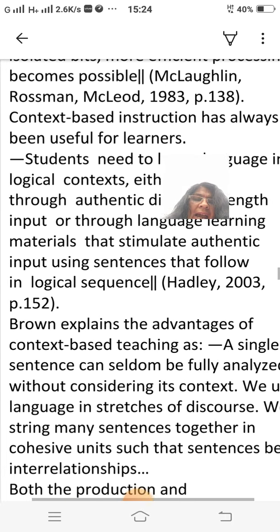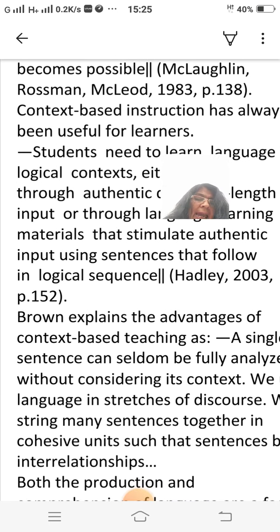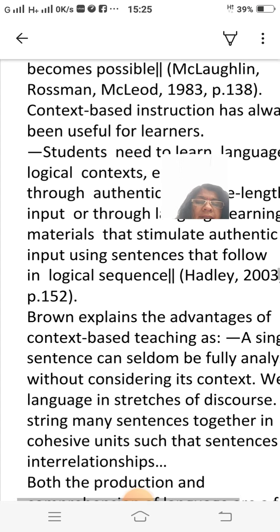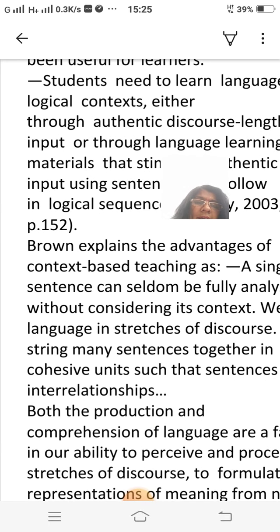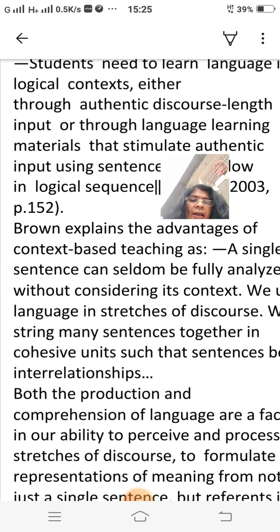Brown explains the advantages of context-based teaching: a single sentence can seldom be fully analyzed without considering its context. We use language in stretches of discourse, stringing many sentences together in cohesive units such that sentences bear interrelationships.